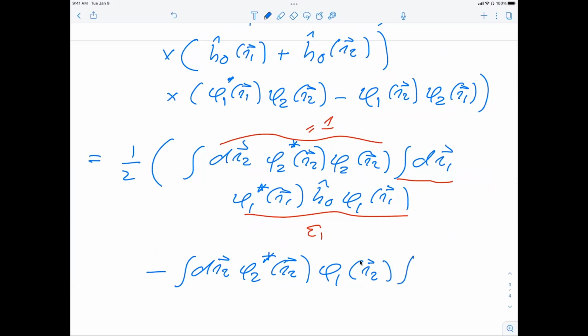And then there's going to be an integral over dr1. But before we put up that one, I'm just going to put dots here. Do we actually need to put it up? No, because these form an orthonormal basis. So this is actually equal to 0.